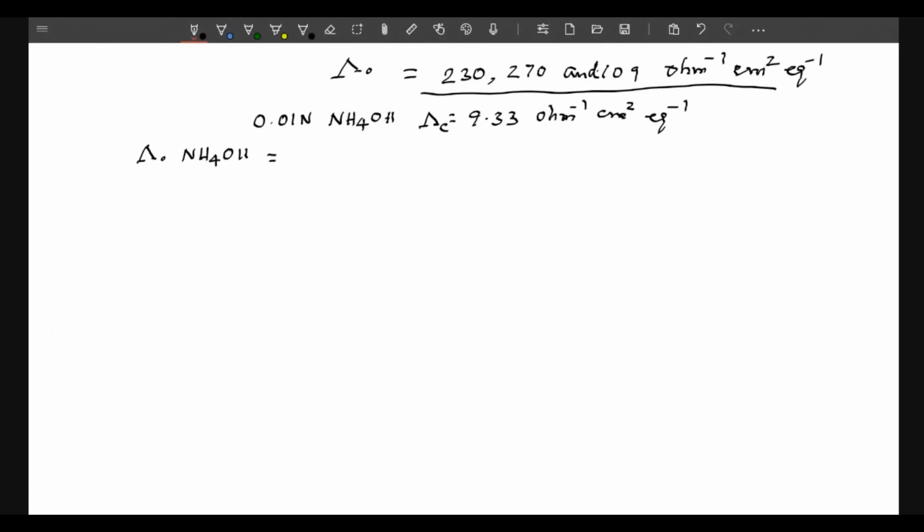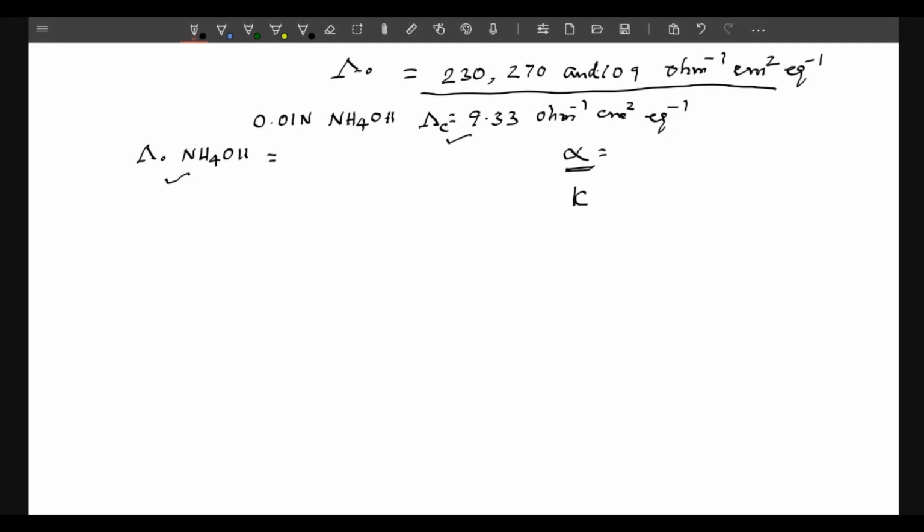You can easily calculate. In the last class we worked out some examples of how to calculate the lambda naught of a weak electrolyte from the strong electrolytes. If you know this, the first step is to calculate the degree of ionization of ammonium hydroxide. If you know the alpha, the degree of ionization, next you can calculate the kappa of the ammonium hydroxide.